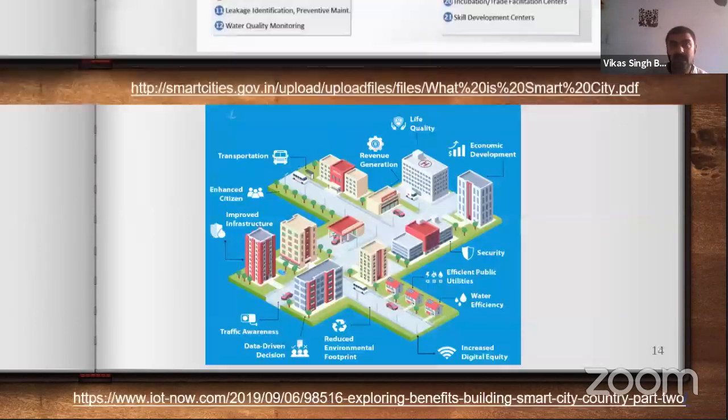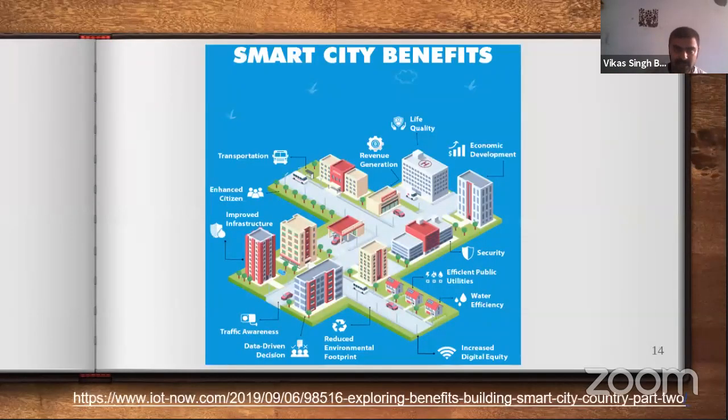Now, the different benefits of smart cities: transportation enhanced, the infrastructure will be improved, traffic awareness will be improved. In traffic awareness, we can consider one more example. Suppose we are having information of a train, that the train is running how many minutes late, or is it on time, then it will reduce our waiting time at the platforms.